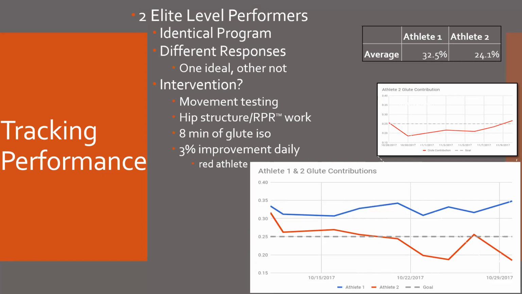What we came out with is basically a lot of this work that we have here. We have our hip structure work and RPR work that we completed, and then we implemented 8 minutes of glute isos. I know we talked about 20 minutes in part one, but obviously we have to work with what's available as coaches. If we only have 8 minutes, then that's what we're going to use.